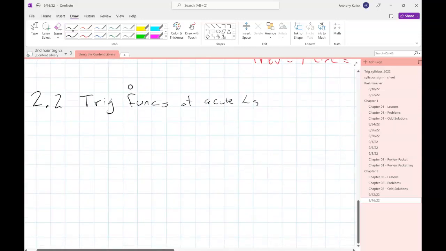In section 2.2, we're going to go back in time and do some trig functions with acute angles. This is like what we would have done in geometry.